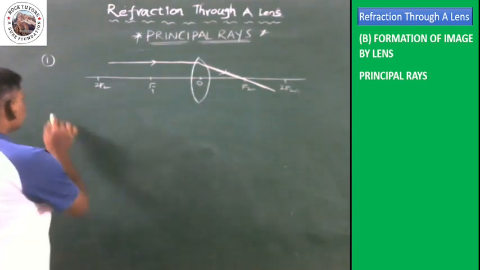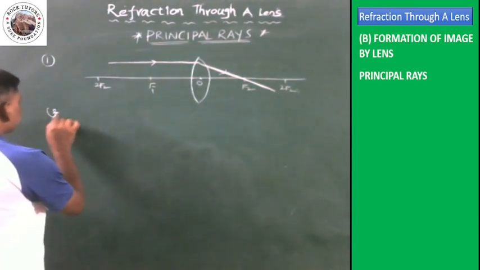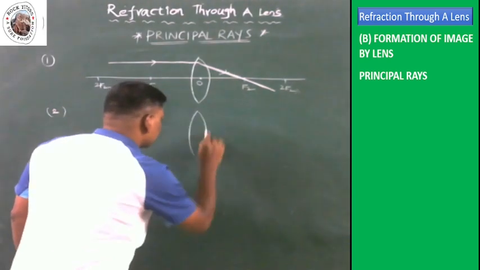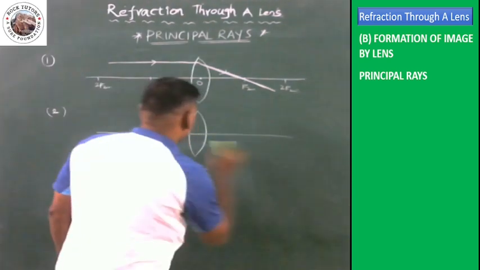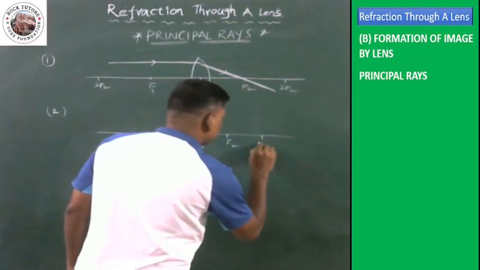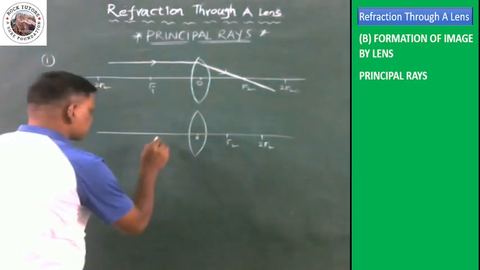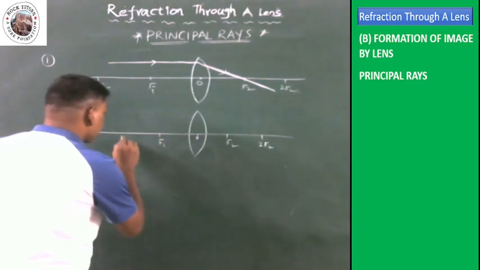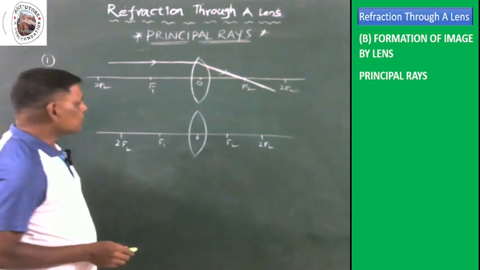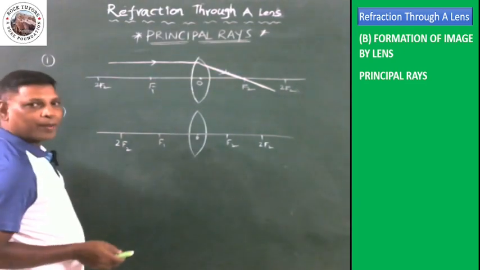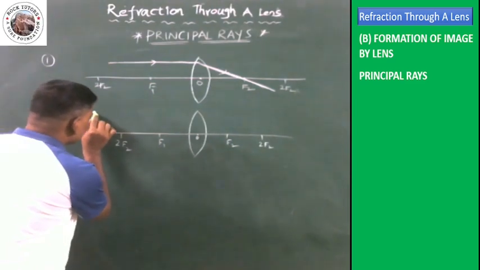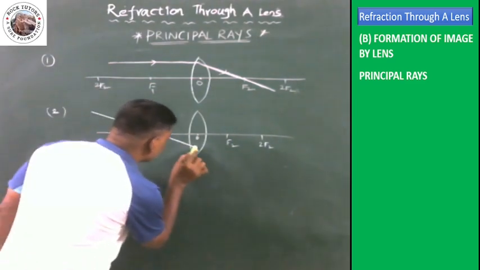And the second principal ray. Suppose the second principal ray passes through the first focus, the first focal point.